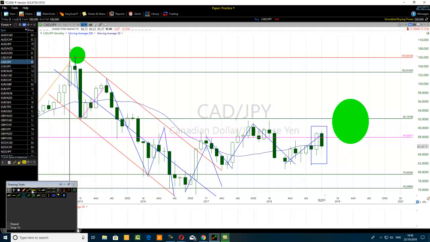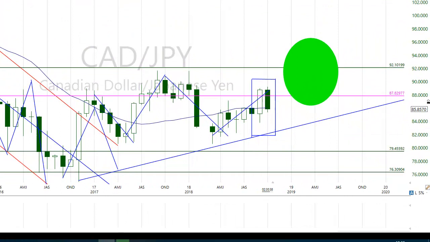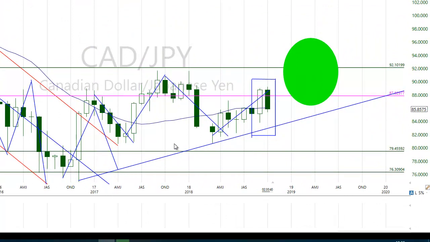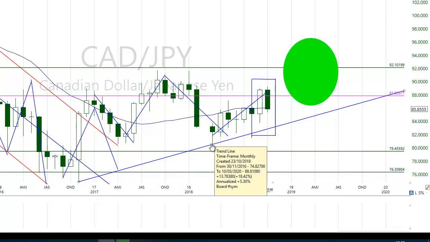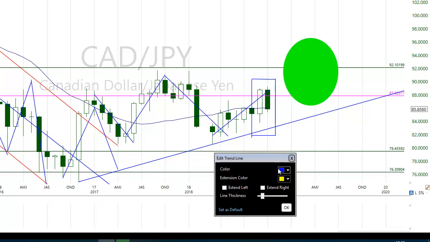But pay attention to a trend line that I'm going to draw now. This is a trend line that you do not want to forget. We are connecting this low here and this one here on the monthly chart. There is that bullish trend line that we cannot ignore.